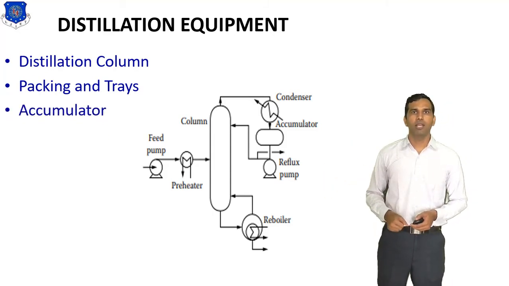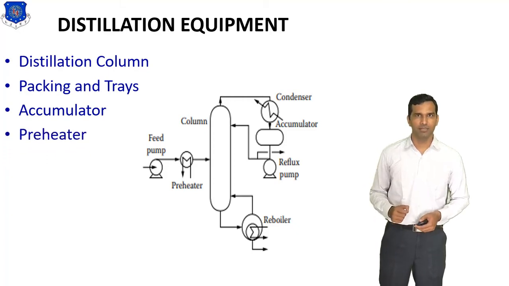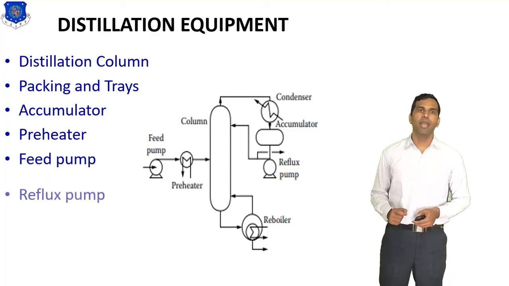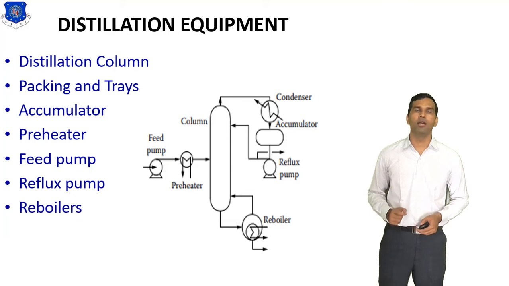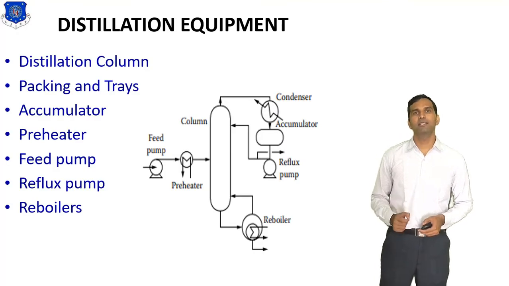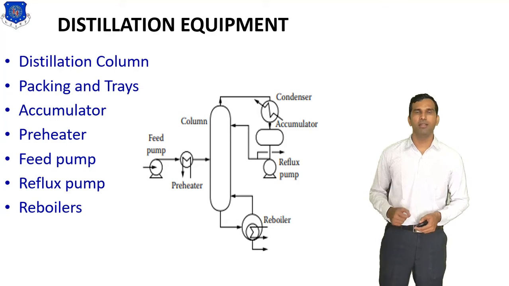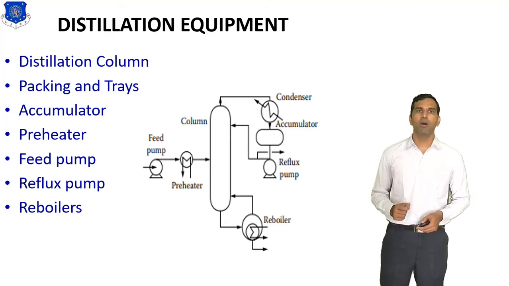Next one is the accumulator, then preheater, then feed pump, then reflux pump and reboiler. So these are the distillation equipment that are used in the industry. Now we understand one by one. First we understand the distillation column.